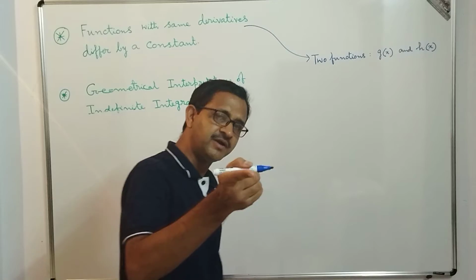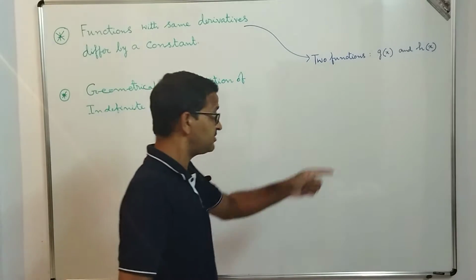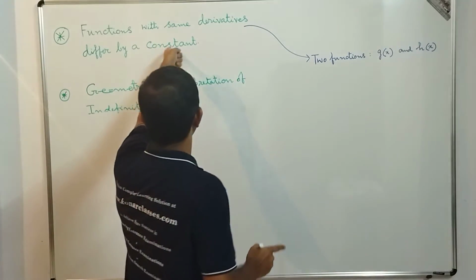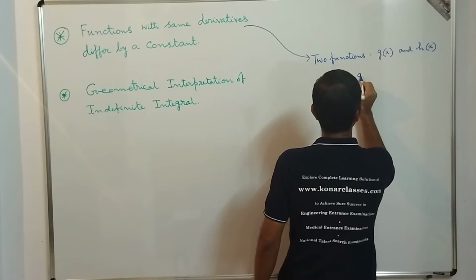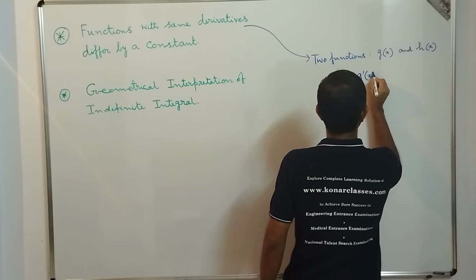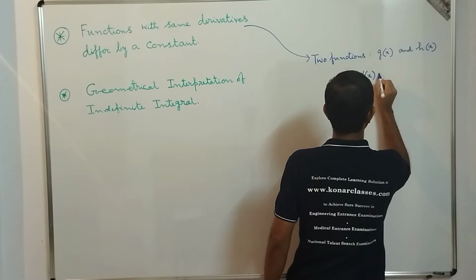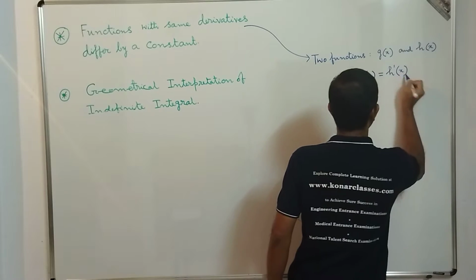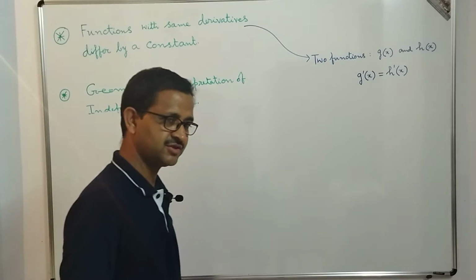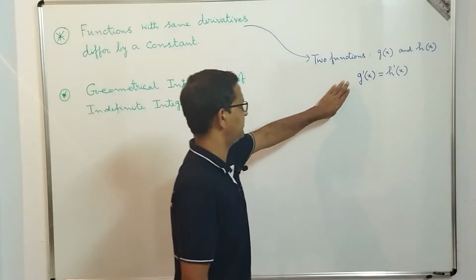The property of these two functions is that their derivatives are the same. That means g'(x), that is the differentiation of g(x) with respect to x, is equal to h'(x), the differentiation of h(x) with respect to x. So this condition is given.